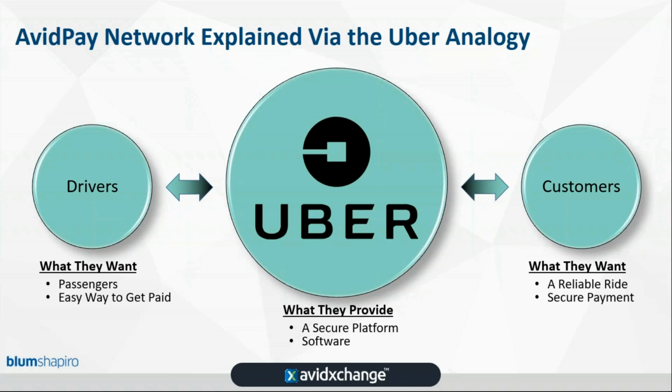So how do I, as a customer, work with the drivers? Well, that's where Uber sits in, because they have this network of drivers and customers. What they supply is the secure platform and the software that allows me to request a ride and make that secure payment, and it allows the drivers to have passengers and receive payment.